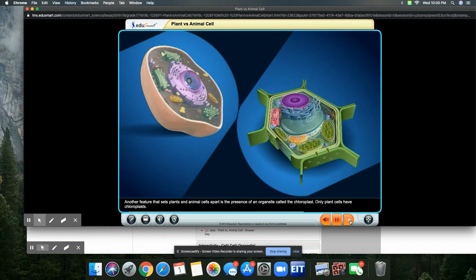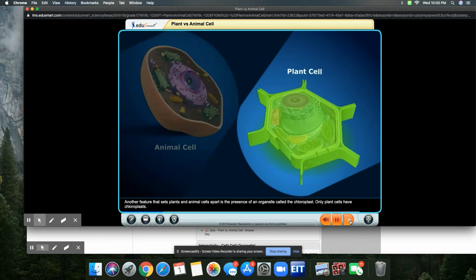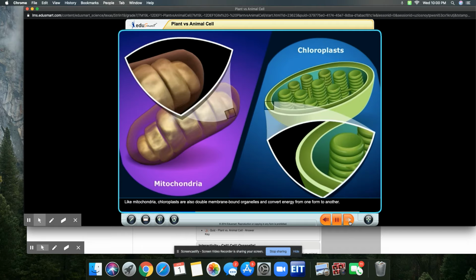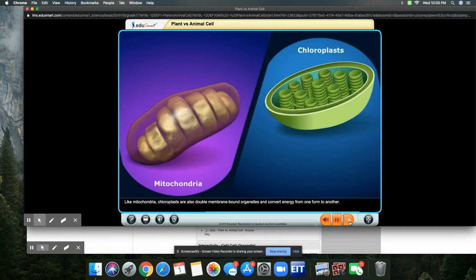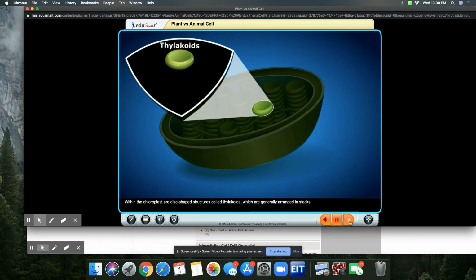Another feature that sets plants and animal cells apart is the presence of an organelle called the chloroplast. Only plant cells have chloroplasts. Like mitochondria, chloroplasts are also double membrane-bound organelles and convert energy from one form to another. Within the chloroplast are disc-shaped structures called thylakoids, which are generally arranged in stacks.